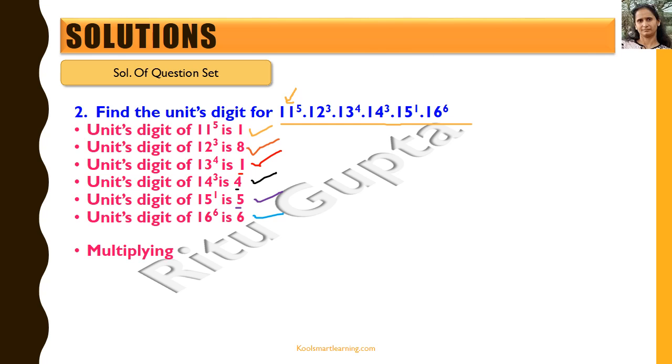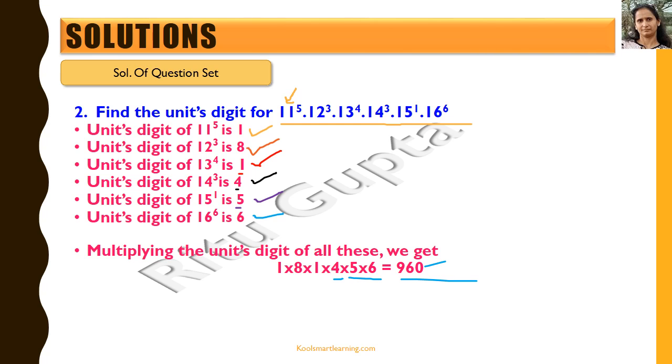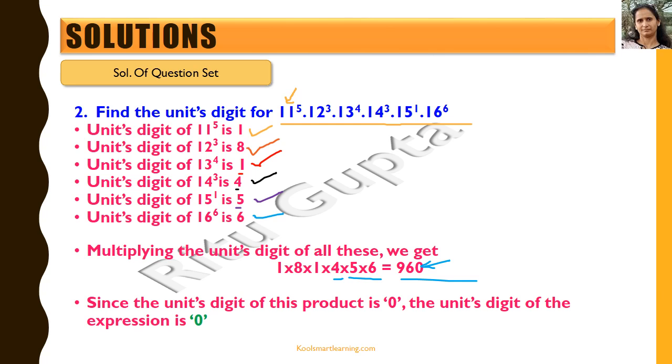Now we take a product of all these units digits. We get 1 multiplied by 8 multiplied by 1 multiplied by 4 multiplied by 5 multiplied by 6. And that comes out to be 960, whose units digit is 0. So the units digit of this product being 0, we can say the units digit of the whole expression will be 0.